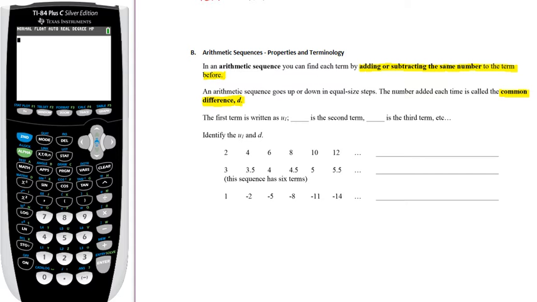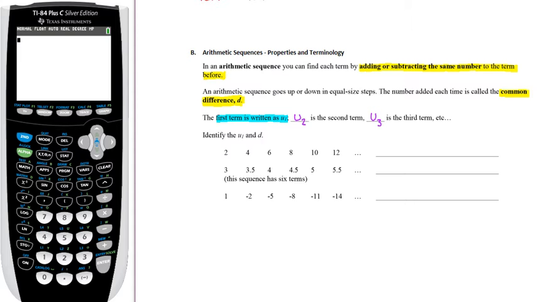This common difference can be positive when we increase by the same amount every time, or it can be negative when we're decreasing by the same amount every time. Another important piece of terminology is that the first term is written as u1. The u just refers to the term, and 1 because it's the first term. u2 would be the second term, u3 would be the third term, and so on.